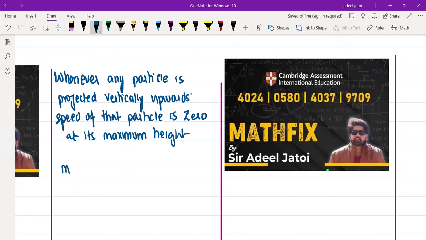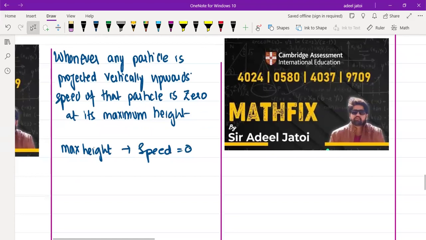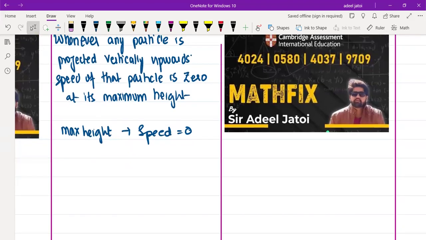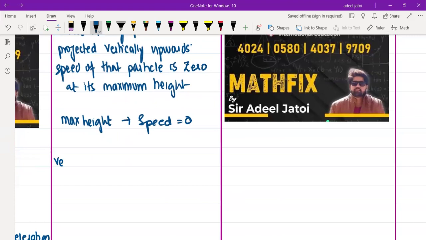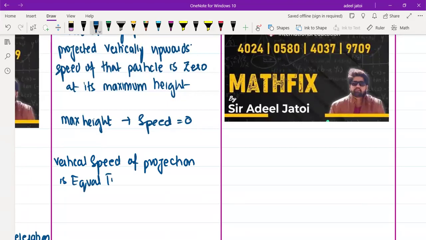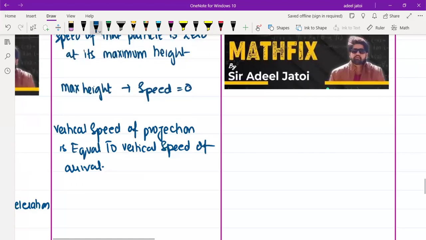So at maximum height, speed is 0. The vertical speed of projection is equal to the vertical speed of arrival.